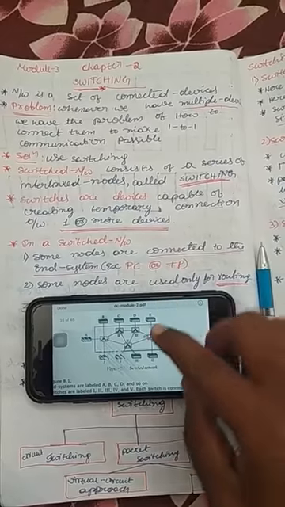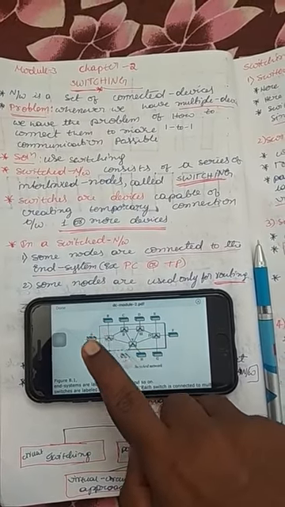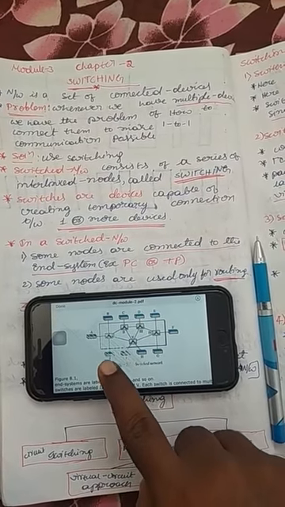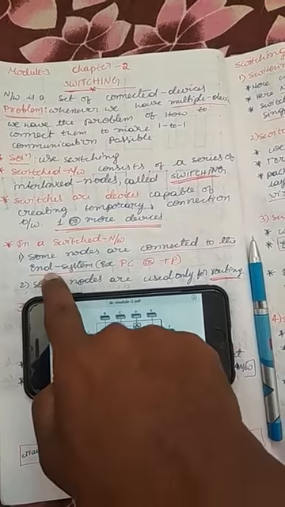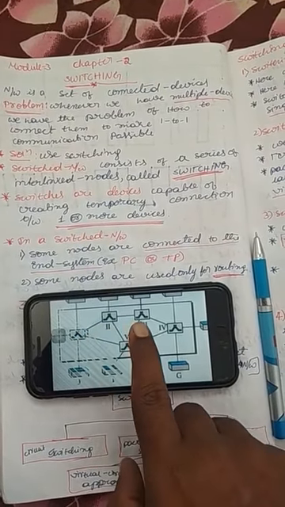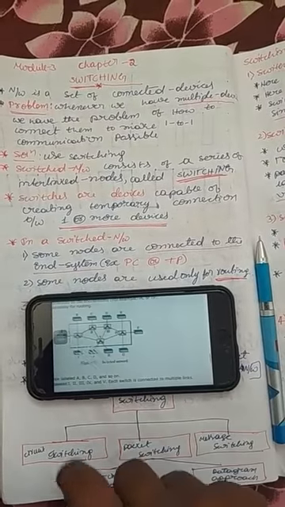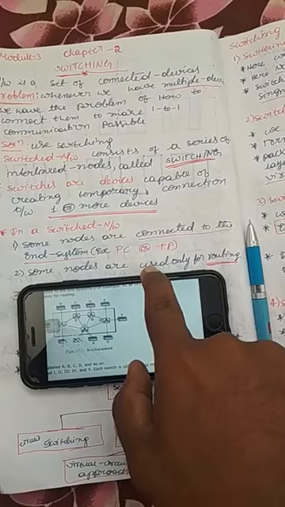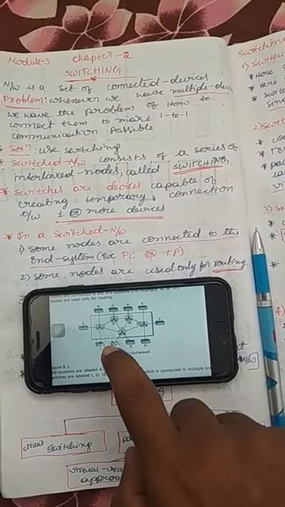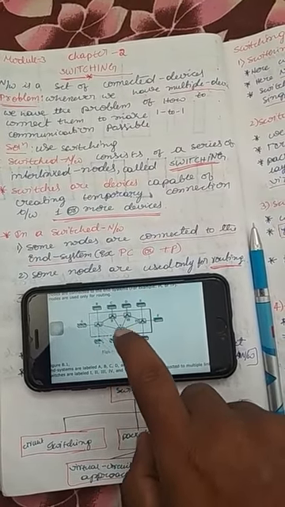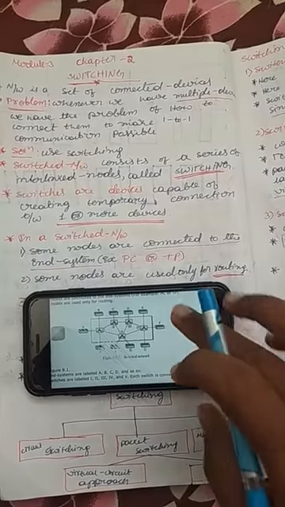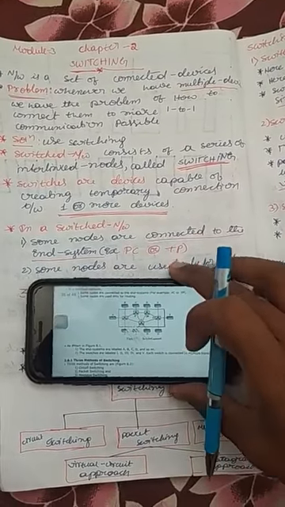In this diagram you can see that A, B, C, D, E, F, G, H, I, J are the end systems. The nodes 1, 2, 3, 4, 5 are used only for routing. A, B, C, D are the end systems, and 1, 2, 3, 4, 5 are the switches used for routing.